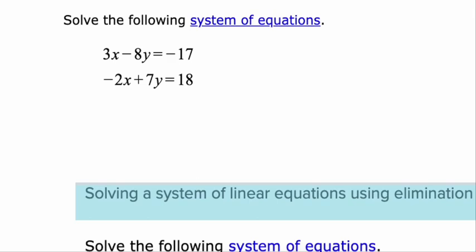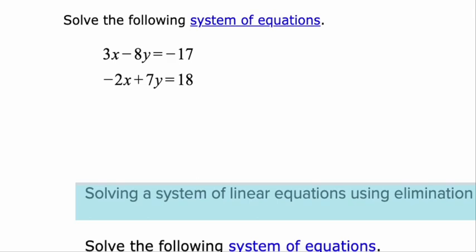Okay. So how do we do this? Well, we want to eliminate whichever variable we choose. And to do that, we want one to be the positive version, one to be the negative version with the same coefficient. So I've decided to use 6, and I'm going to change these into 6's, and I'm going to do it so that one is a positive and one is a negative. Now, what's great is one's already a positive, one's already a negative.